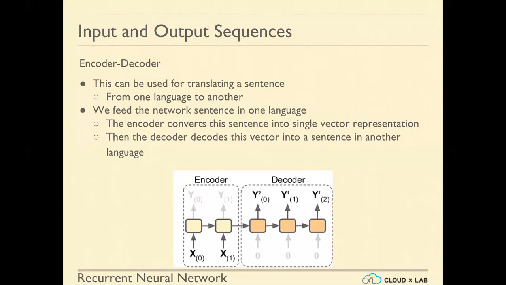So this can be the encoder decoder pattern. The encoder decoder pattern can be used for translating a sentence from one language to another. We feed the network a sentence in one language, the encoder learns it by converting it into a vector representation, and then the decoder recodes the vector into the sentence in another language.